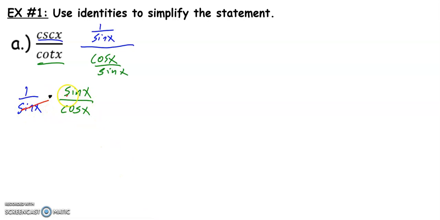This sine x and that sine x are going to cross out. That will leave me with 1 over cosine x. And that's a good answer, but it's not as simple as it gets. Instead of saying 1 over cosine x, we're going to say secant of x. Boom. That's it.